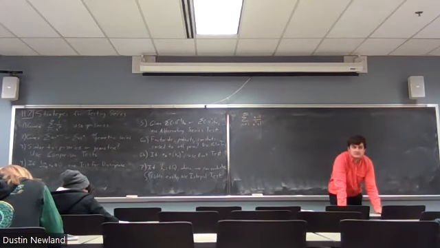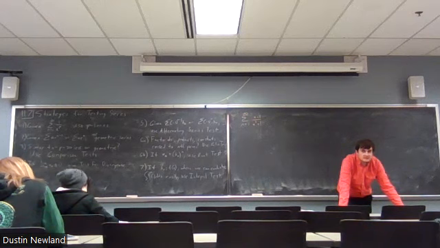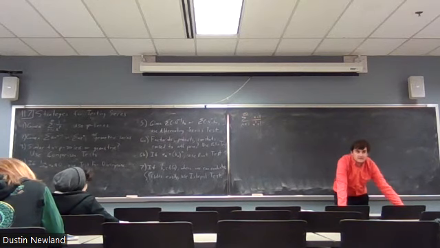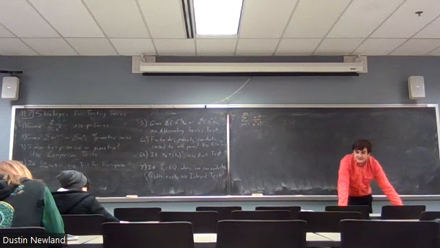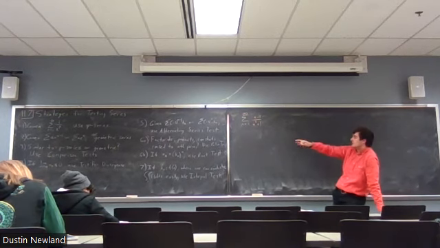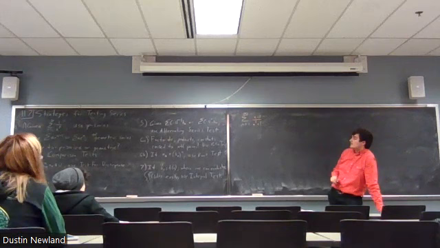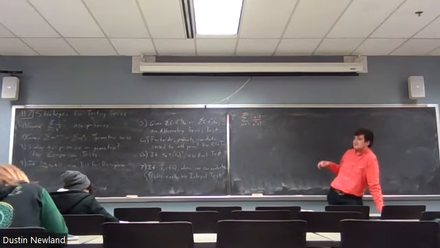Is this a p-series? No. Is it a geometric series? Do I have a number to a power? The answer is no. I have n to a power, or sorry, a number to the power of n. I don't have that here. And if you were to try to jump to the test for divergence, its limit would be 0 still.